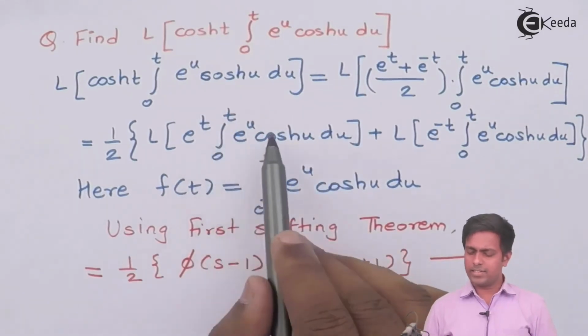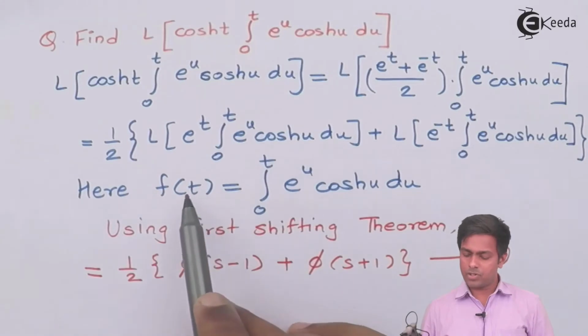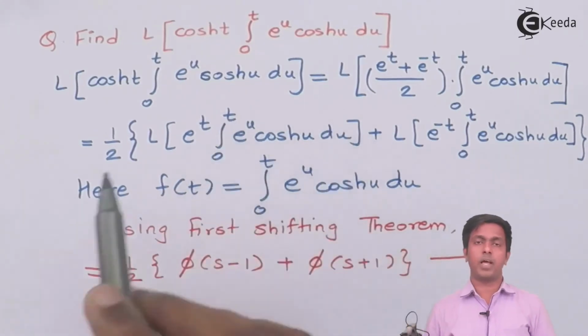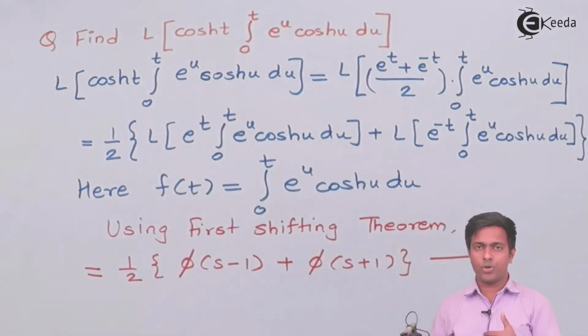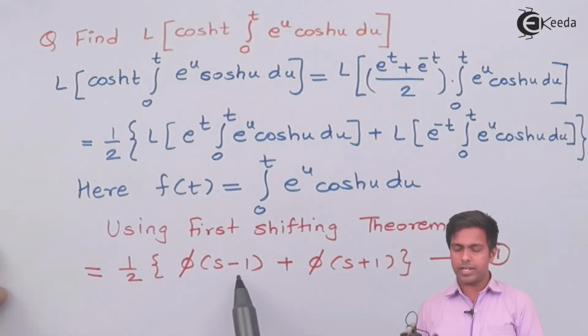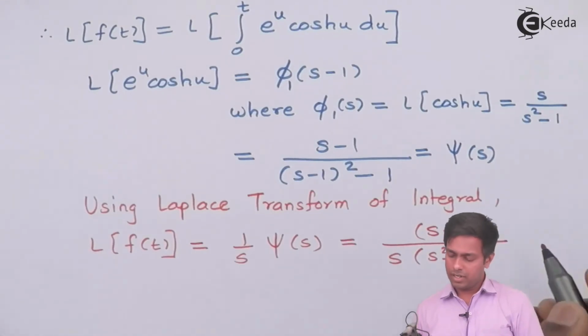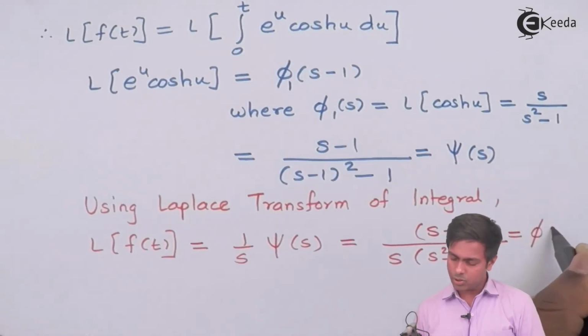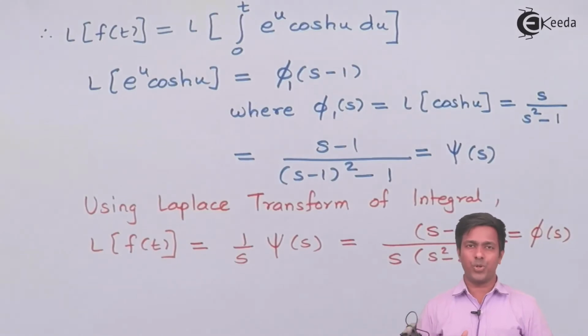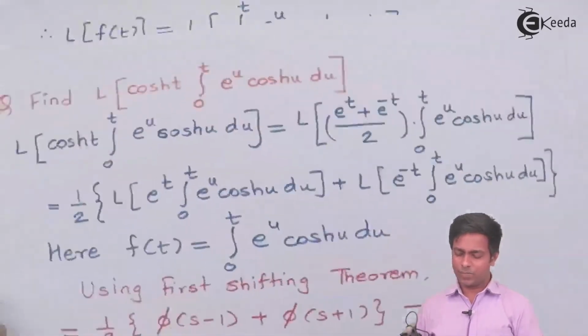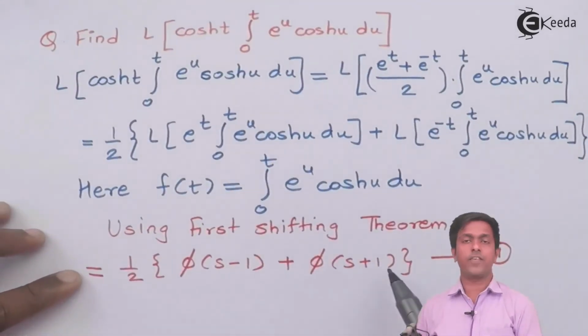So the Laplace of this function of t is going to be my phi of s, which I want to use to find phi of s minus 1 and phi of s plus 1. So the value that we got here is our actual phi of s, which we have to use to find this phi of s minus 1 and phi of s plus 1.